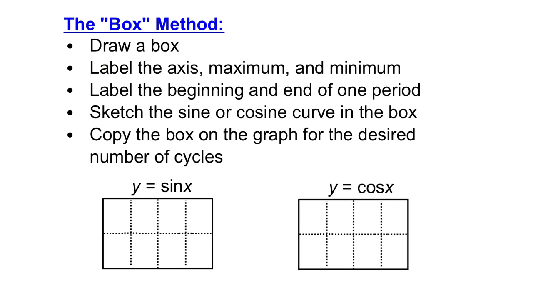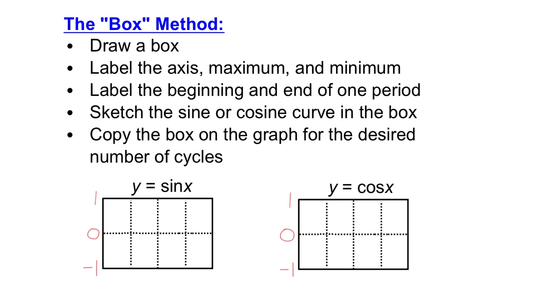Now, if you'll recall from the previous lesson, the maximum and minimum values for these parent functions are 1 and -1. So on the y component of my boxes, I label the maximum and the minimum. Also, the axis, remember the central axis goes right through the middle, which is at y = 0.